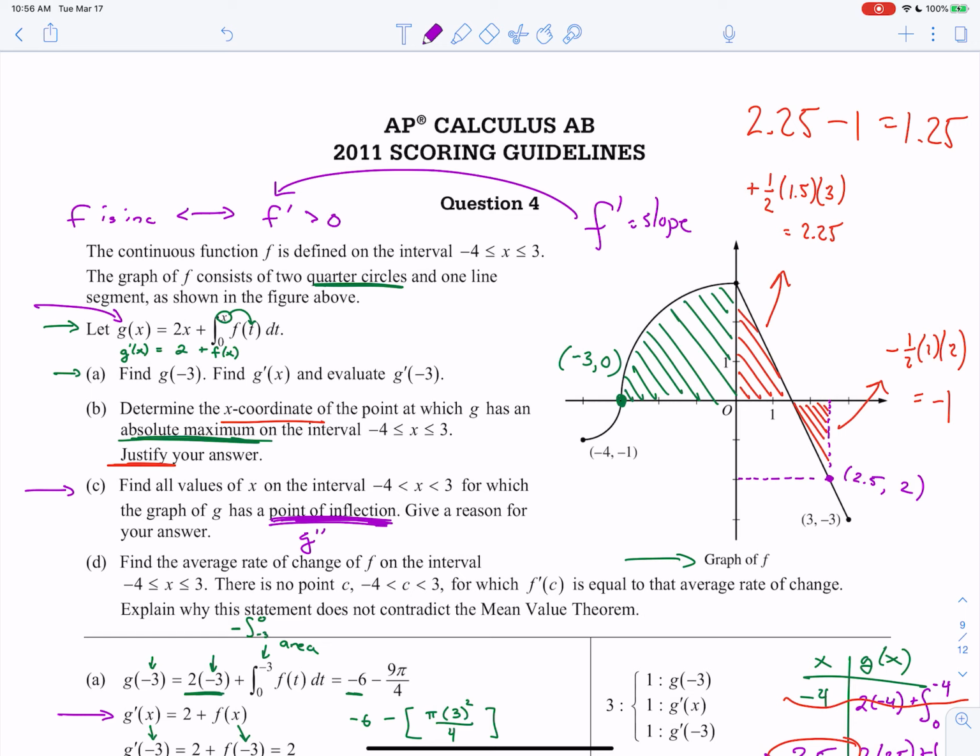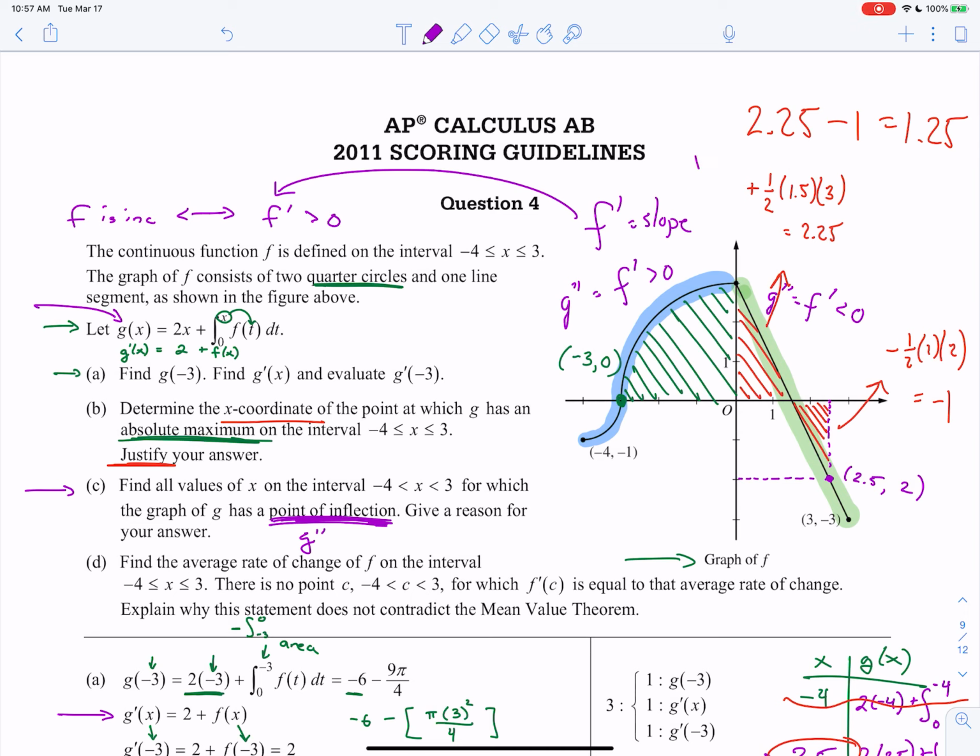So if you notice, the graph of F is literally increasing from -4 all the way to 0. So here we know that F prime has to be positive, so G double prime has to be positive as well. Now right after, I notice that F is decreasing, so I know that F prime has to be negative, so I know that G double prime has to be negative, okay?